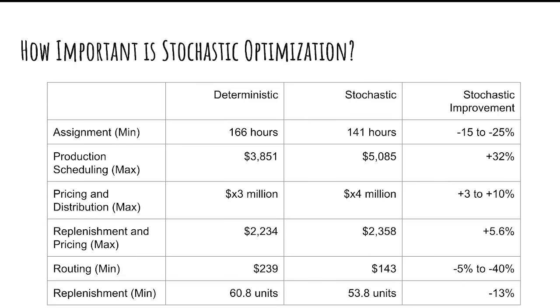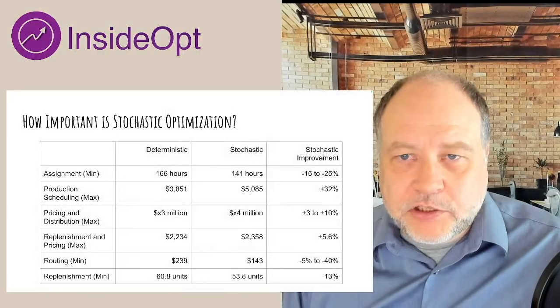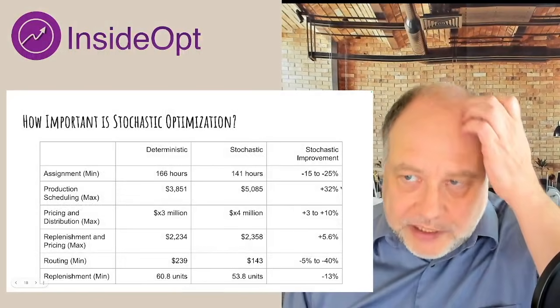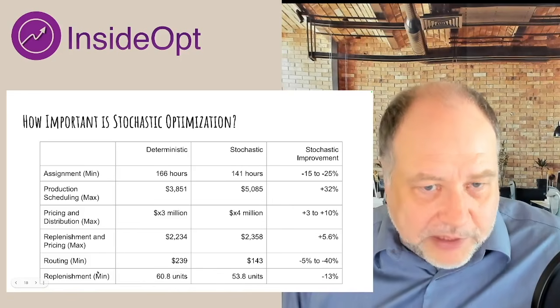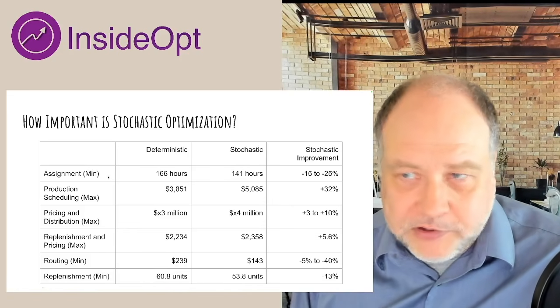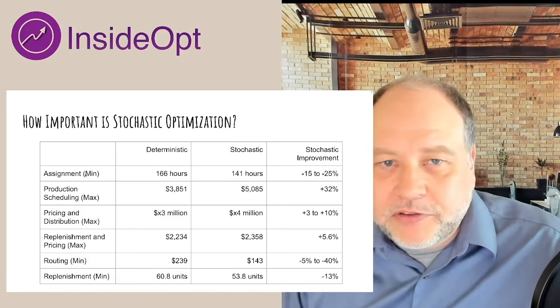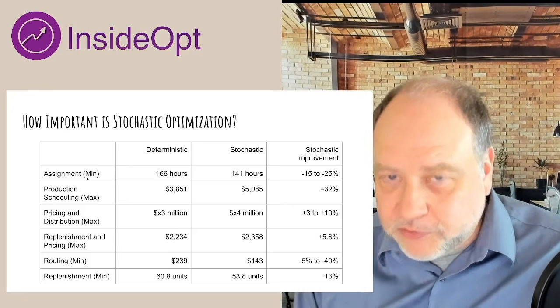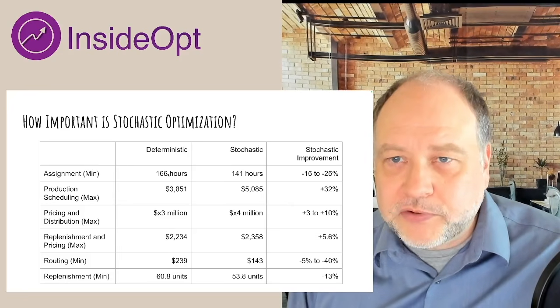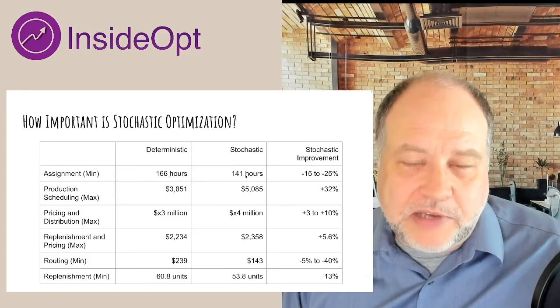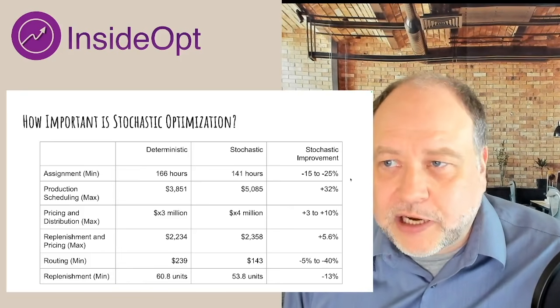So how important is stochastic optimization? If you look at this table here, you get a complete overview. And you see that our gains are anywhere, so it depends on whether you're minimizing or maximizing, whether minus or plus is good. So on the assignment problem, the ticket system that we talked about first, we went from 166 hours of spill to 141 hours of spill.